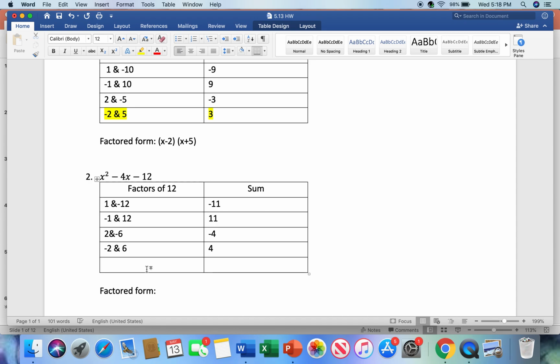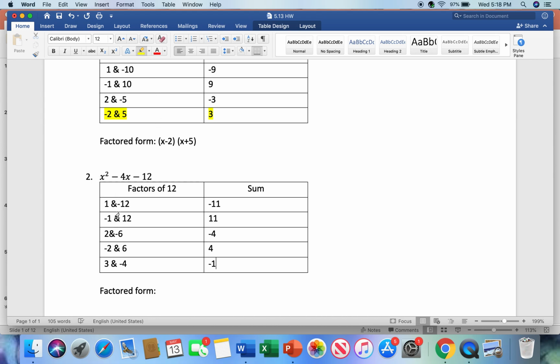What else can we have? We can have 3 and negative 4, and that sum is negative 1. Okay, so I think we kind of listed all the factors over here. We can also have negative 3 and positive 4, but we already know that would be a positive 1, and we're looking for what? A negative 4.